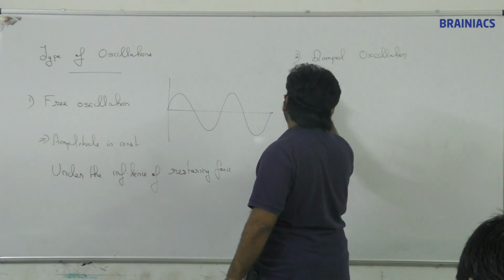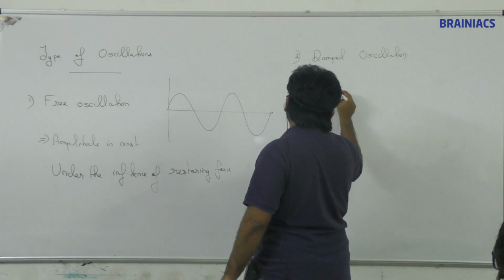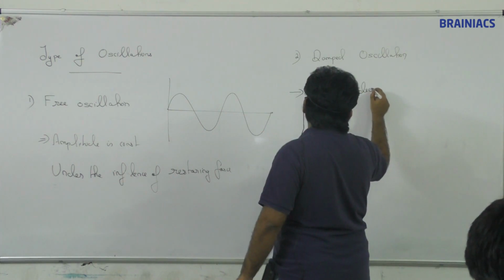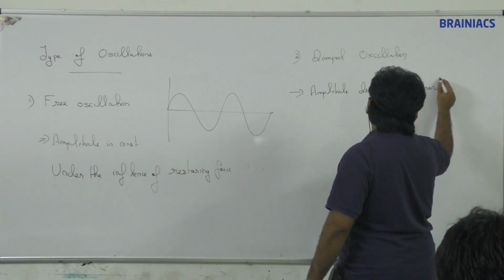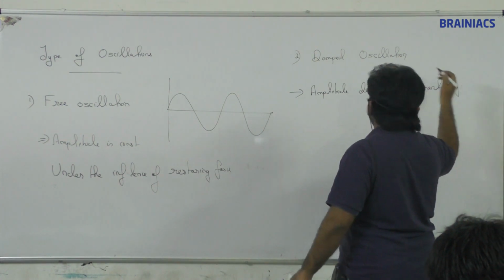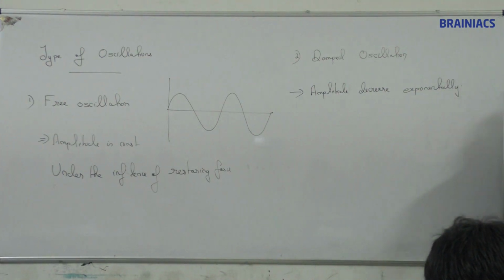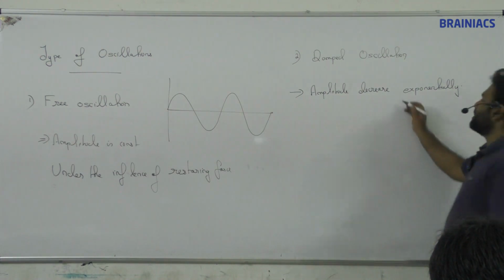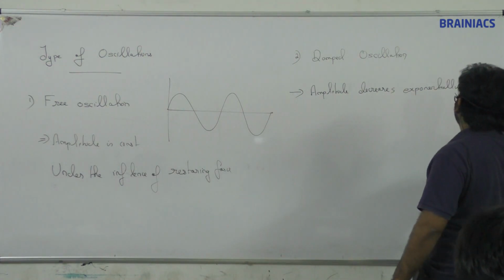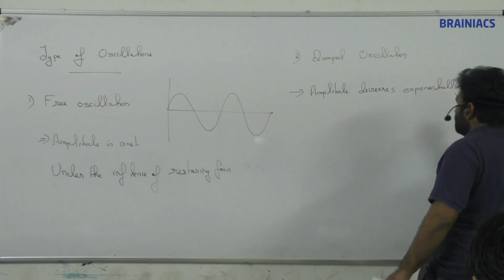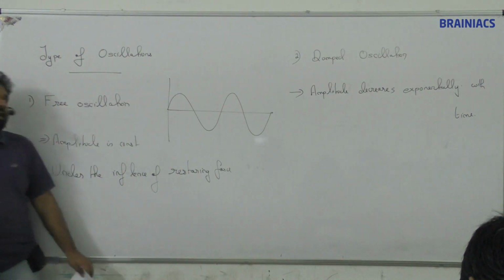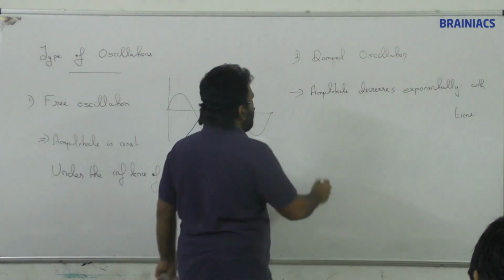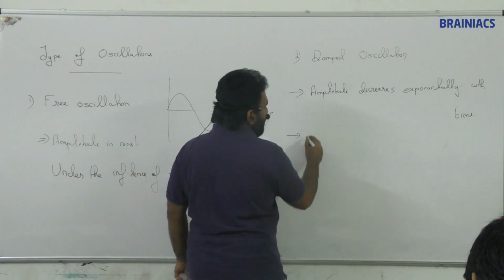Here the amplitude decreases exponentially with the passage of time. So how is this amplitude decreasing?